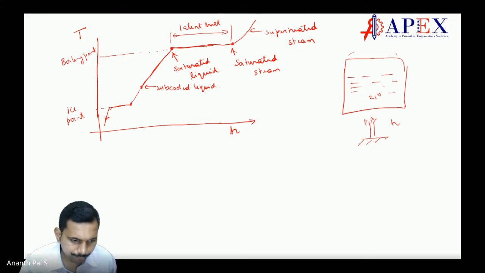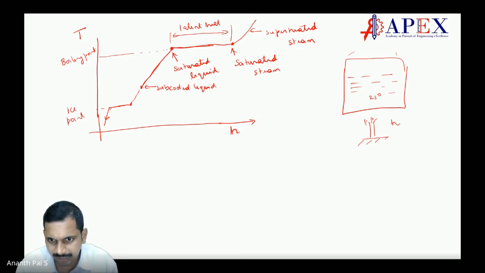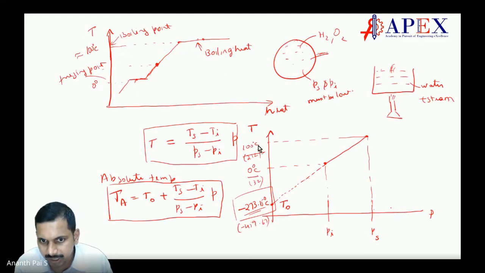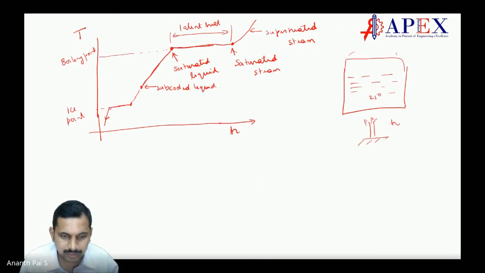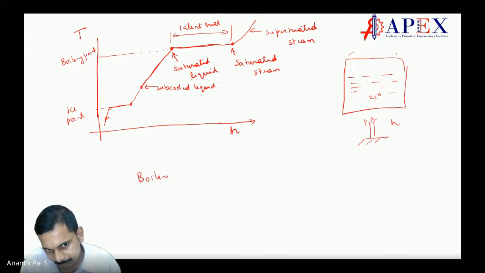Now, see what we have taken, the lines over there, okay? Here, what is taken this way? See, minus 273 is here, it's minus 459. Ice point, let us take like this, okay? Let us take boiling point, ice point, okay?